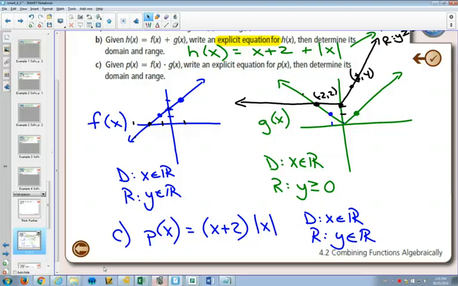And if you're multiplying these together, can you see that as you get bigger and bigger values of x, like x goes to 10 and then 20 and then 100, you're going to be multiplying bigger and bigger numbers, so it's just going to get bigger and bigger. And when you go to your negative numbers, the green graph gets bigger positive numbers. Your blue graph goes to bigger negative numbers. And so when you multiply them together, you're going to get bigger and bigger negative numbers. So it makes sense that your range would go from negative infinity to infinity.